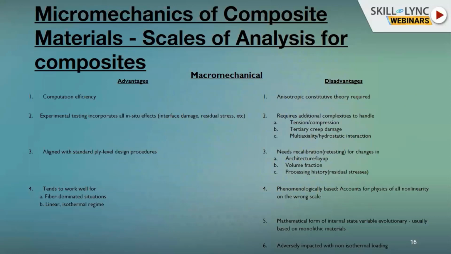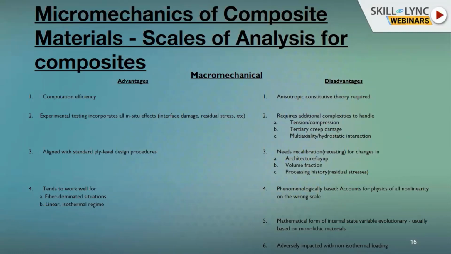So coming to the comparison of micromechanical analysis, some of the advantages and disadvantages of macromechanics: in macromechanics the computation will be efficient, and the experimental testing will incorporate all the in situ effects such as interface damage, residual stress, etc. When we say experimental testing, it means we will be testing at a component level at macro scale.